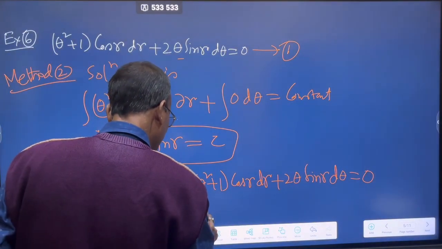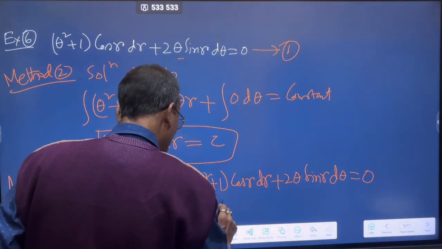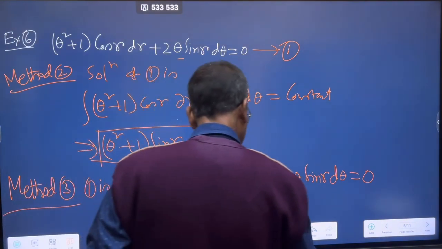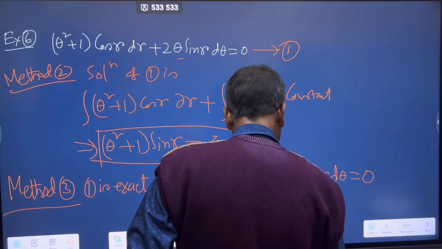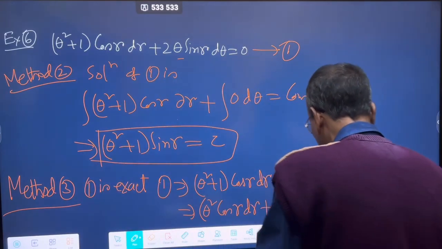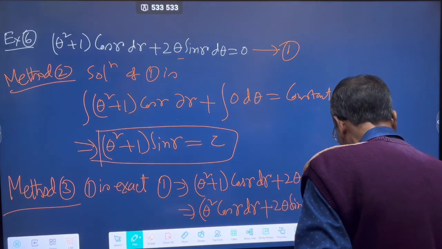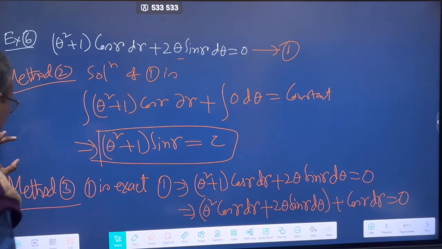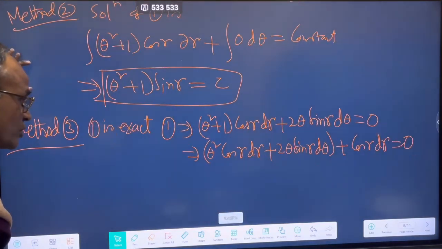This means θ² cos r dr plus 2θ sin r dθ, grouped, plus cos r dr equals 0.